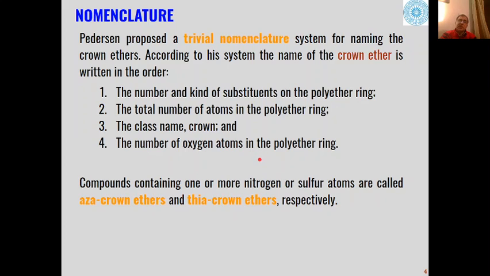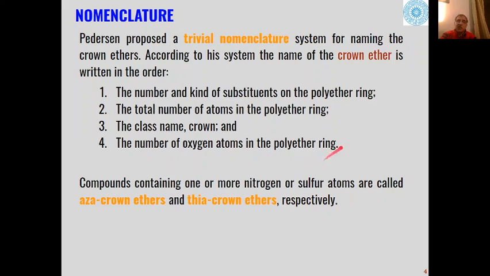So for example, in 18-crown-6 the total number of atoms in the polyether ring is 18, then after 18 the word crown is added, and the number of oxygen atoms present in 18-crown-6 is 6, so after the word crown, 6 is added.